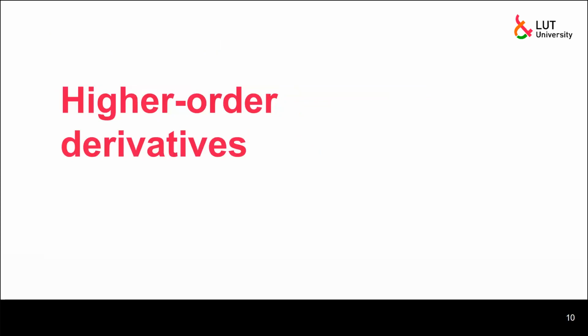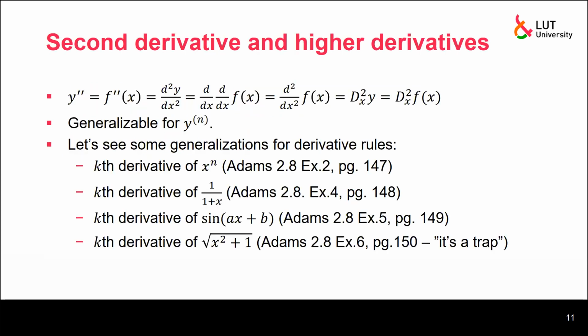Well, let's see. Higher order derivatives, here we have more examples. Essentially, the simple way of doing a higher order derivative is just to differentiate it again. But in some cases, we can have formulas. The second derivative is usually marked with two dashes, and so on.